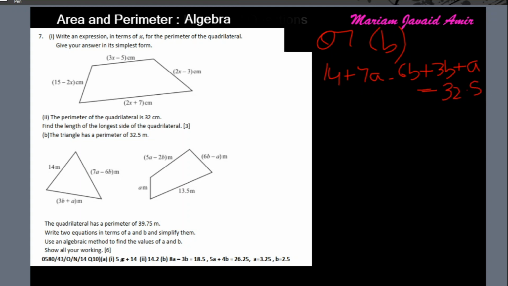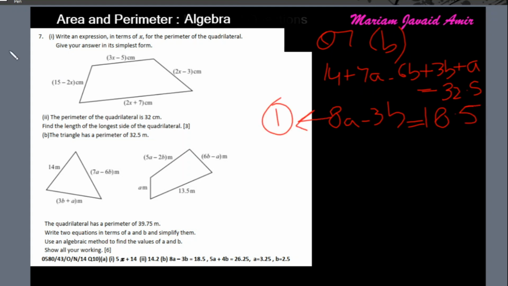So let's simplify this. This will become 8a minus 3b equals 32.5 minus 14, which gives us 18.5. So this is equation 1. This is the first equation.